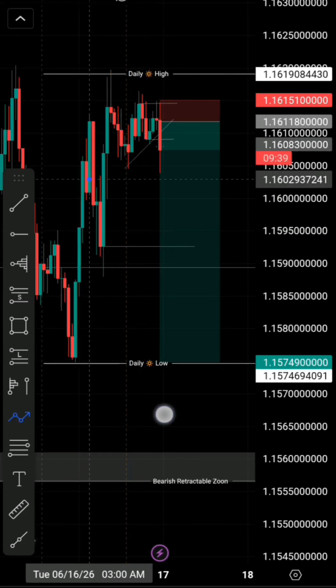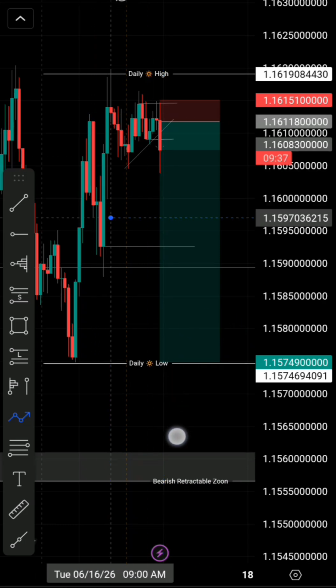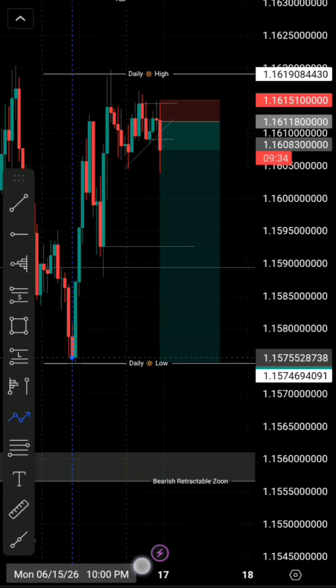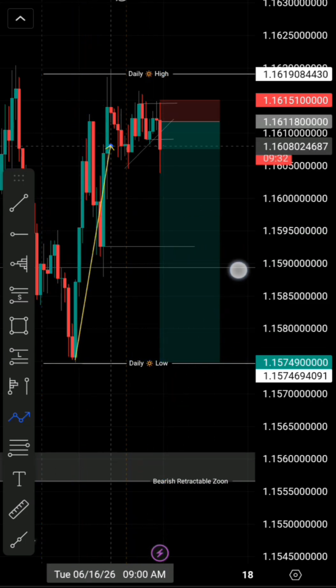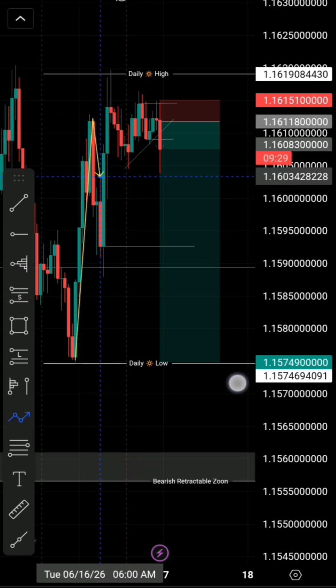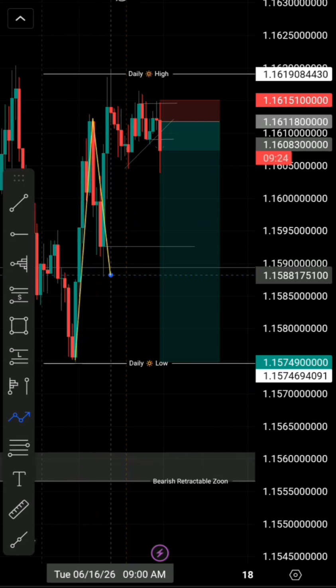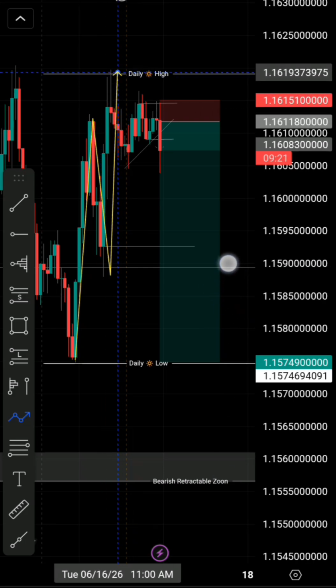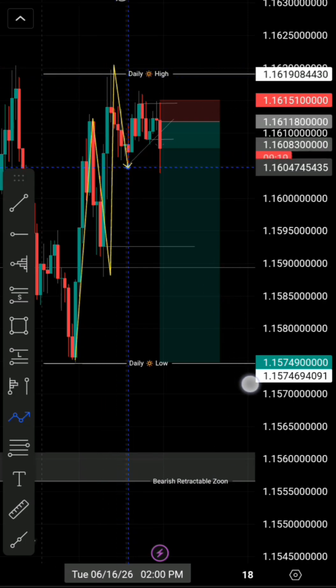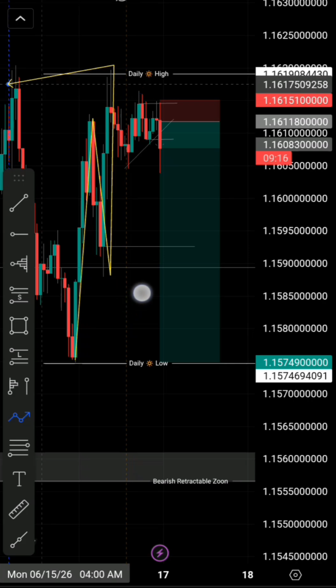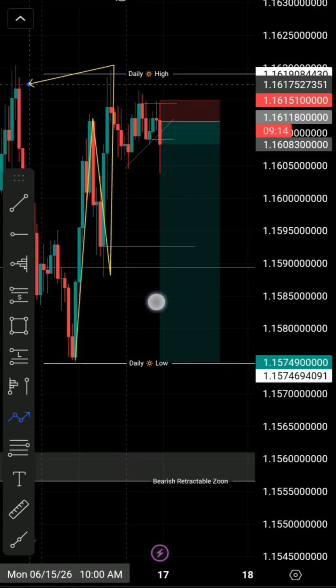So looking at the 1 hour time frame here, we are seeing a kind of break of structure, breaking this structure, a move up, and we'll take 50% of this move. Then price starts ranging, and you notice that price wicked above this other block, the high, but didn't close above.